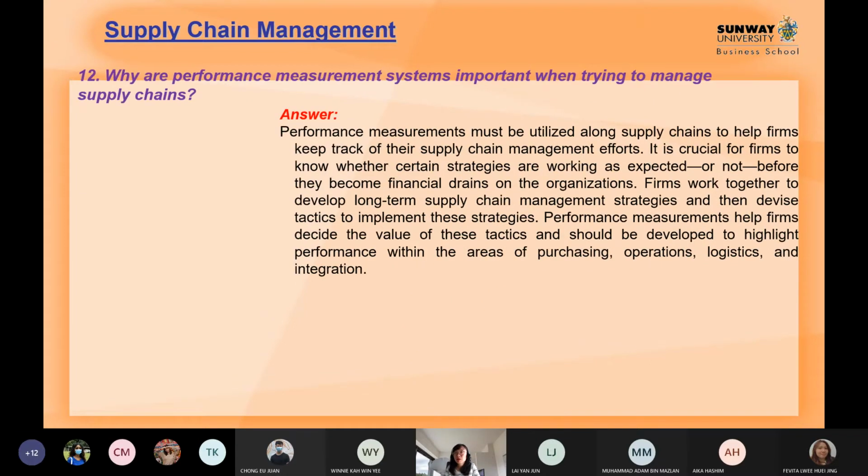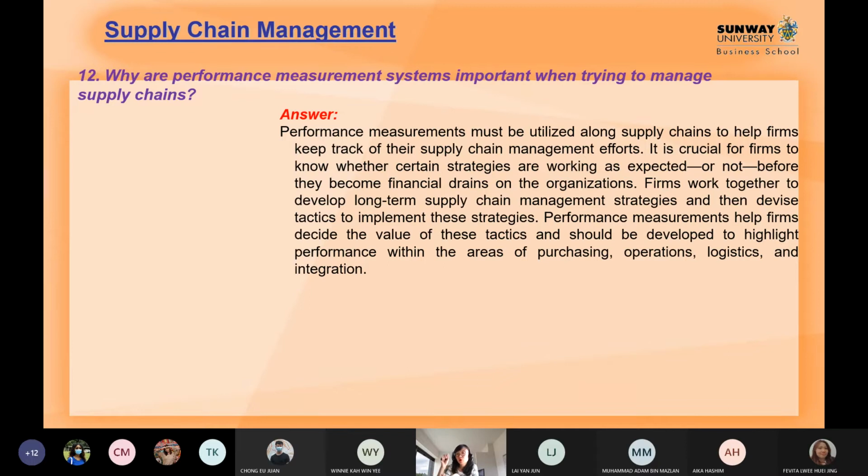So why are performance measurement systems important when you're trying to manage a supply chain? When you decide to use this supplier, are you going to sign the contract and then tell them, okay, please produce this, I want this? But you need to have continuous monitoring, continuous improvement. Maybe I want to change to a different size, different delivery timing, or the quality.